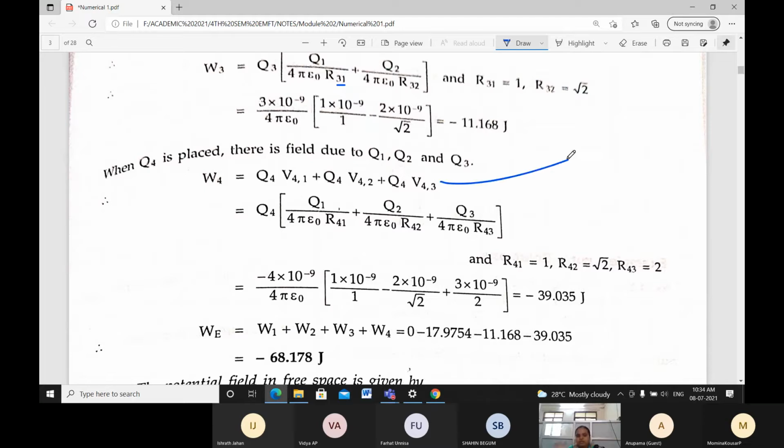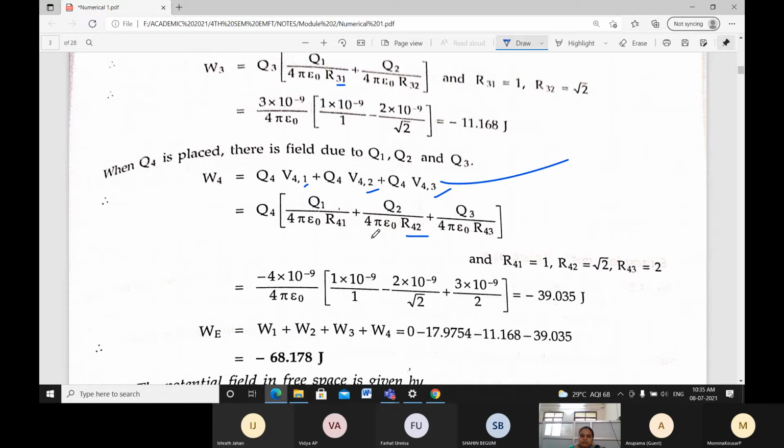You should consider all the point charges when you are calculating for the last point charge, where you are going to place it in that field. Therefore, the equation is going to be, Q4 you can write common. Then the remaining is Q1 divided by 4 pi epsilon naught R41 plus Q2 divided by 4 pi epsilon naught R42 plus Q3 divided by 4 pi epsilon naught R43.